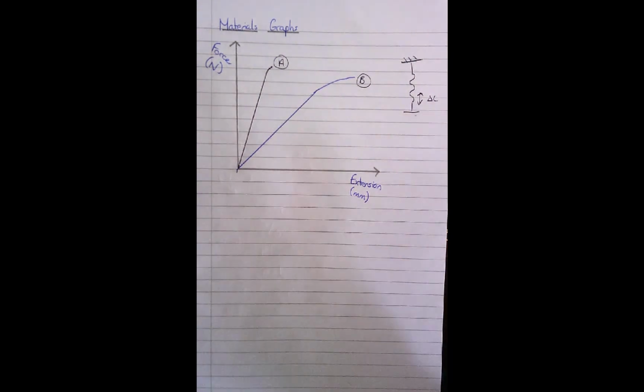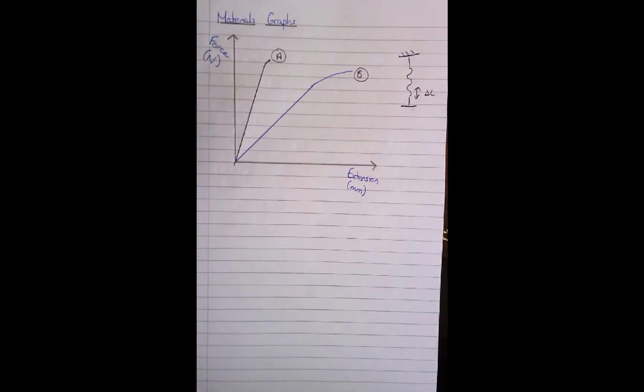So pause the video now, get a sketch of that graph, label the key points, and have a think about how you could describe the differences between materials A and B.